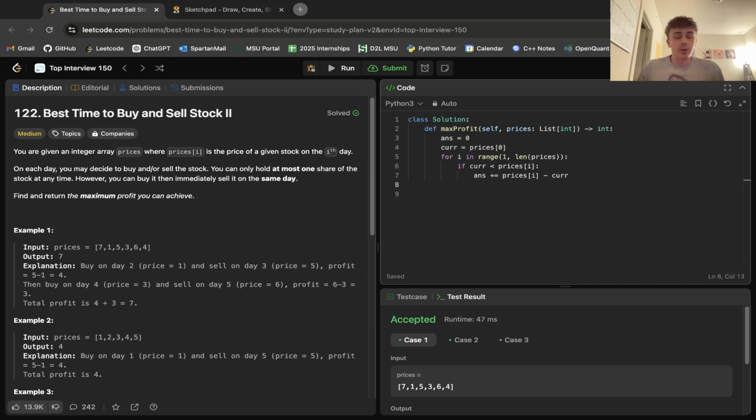And then we know we should always keep our current updated, right? So we say current is equal to prices at position i. And then we can just go ahead and return our answer.